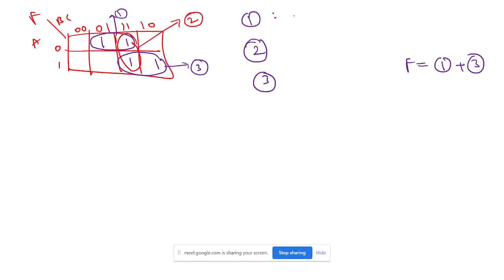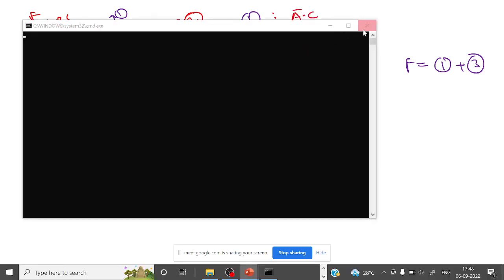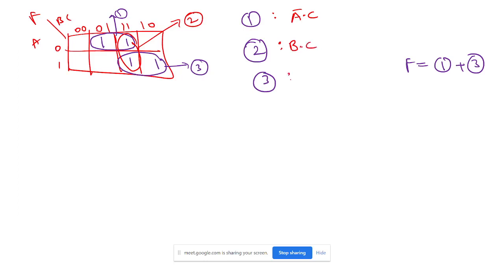So one is A bar C, second one is BC, third one is AB. So the answer is F is A bar C plus AB, right? So now let's define what is the essential prime implicant.